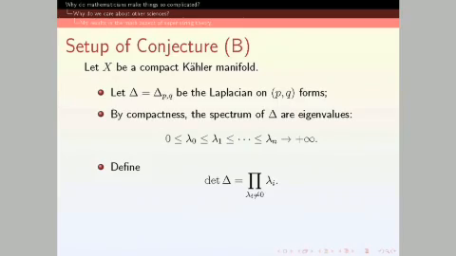If you multiply infinitely many numbers which go to infinity, obviously you will get an infinite number. So in mathematics, we define such things in a quite different way, through the so-called zeta function regularization. Using complex analysis, we are able to redefine this product in a very reasonable way so that the determinant of the Laplacian gives us a number. This is technical. We use the Riemann zeta function to do that.